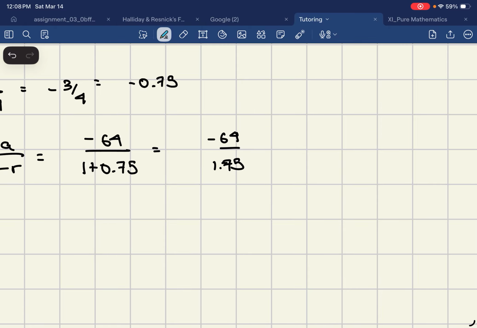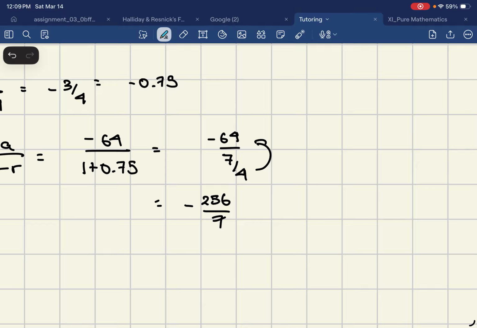And we can actually write 1.75 as a fraction, which would be 7 by 4, right? So actually we have negative 256 divided by 7, because you can take the reciprocal and multiply 4 at the numerator.